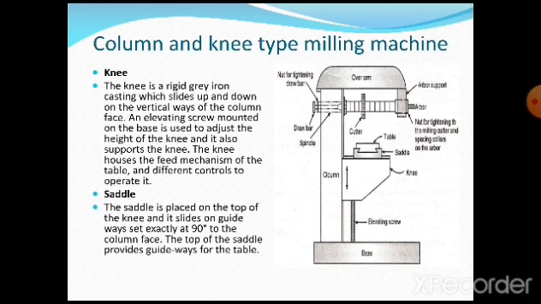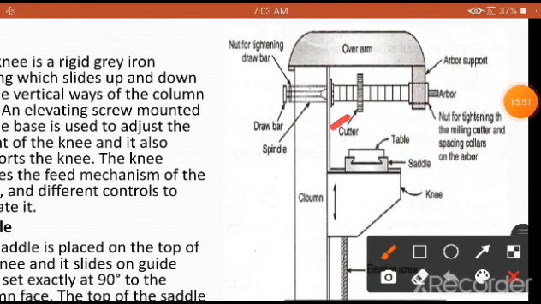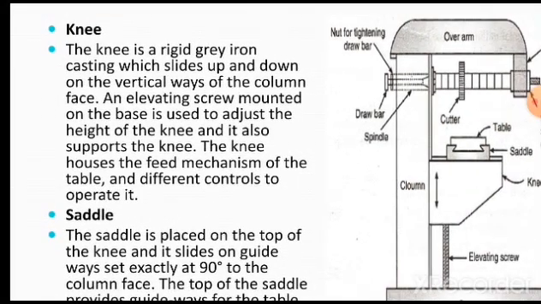The knee is a rigid grey iron casting which slides up and down on the vertical ways of the column face. So this is called the column face, the front face, and on this the knee is made to move up and down and can be clamped depending upon the height of the workpiece to be milled.